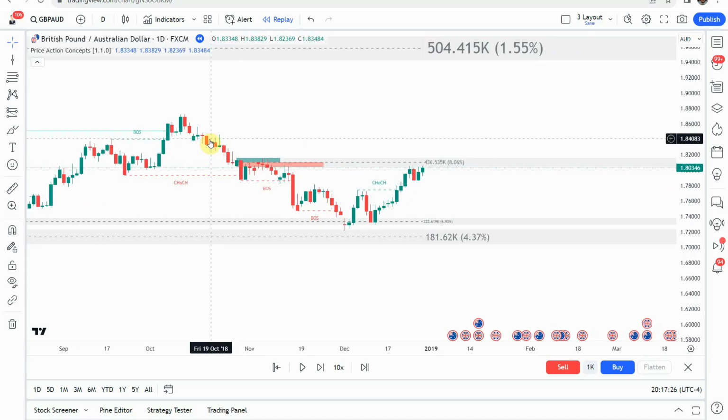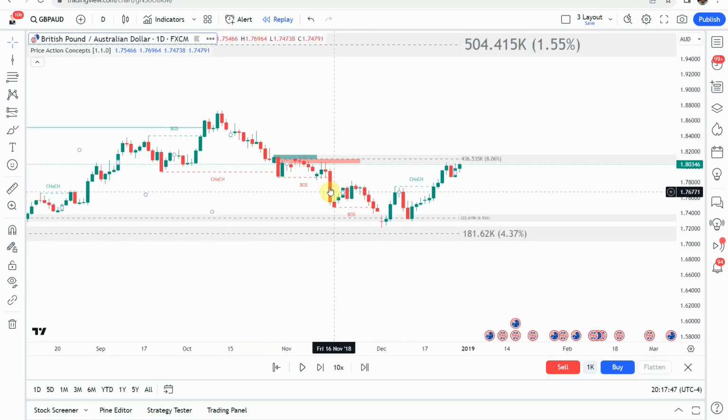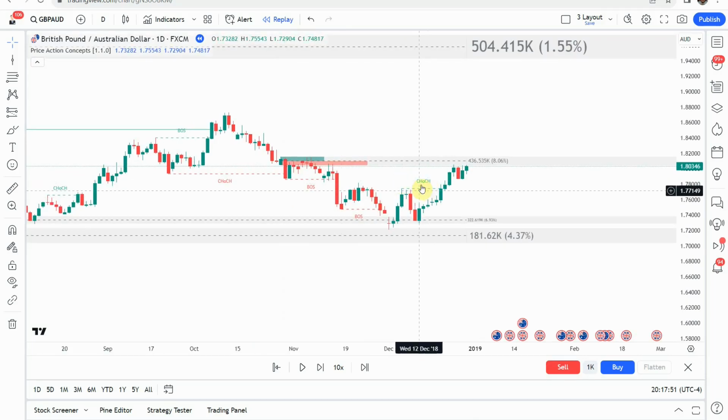Same way in reverse, as it's making lower lows and lower highs. As long as it continues to do that, the indicator won't show the change of character. It's kind of in character. The moment that it breaks that character, it is a change of character, which gives a CHOCH in green. So that's a bullish change of character versus a bearish.